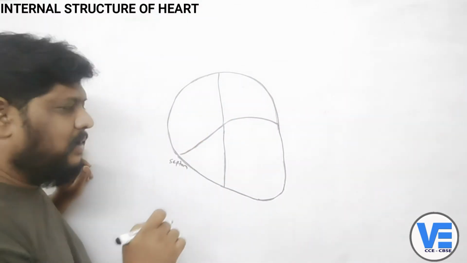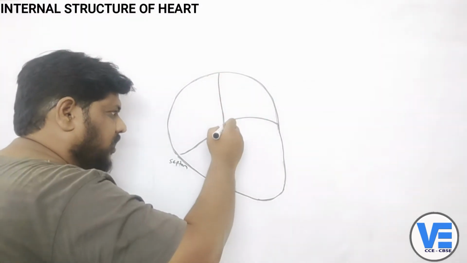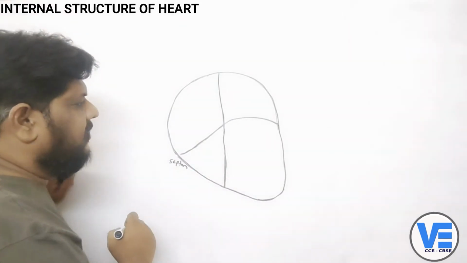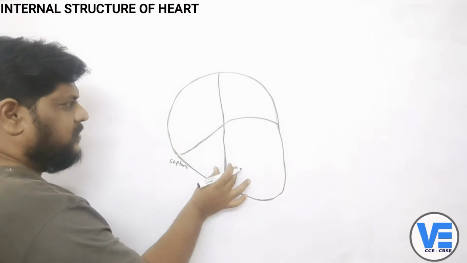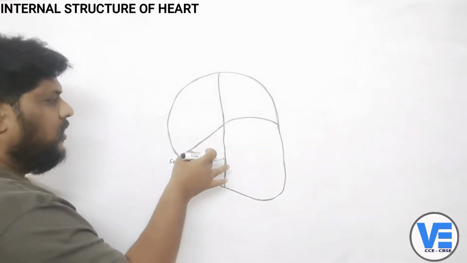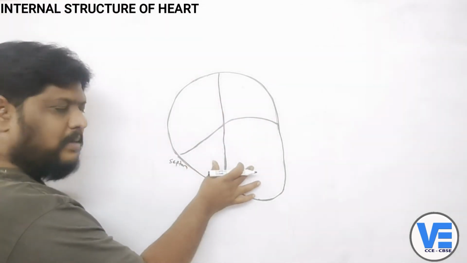At the same time, there is one more septum, which is a line like this, in length, and this is also a septum, which is dividing because of these two lines, which we can see externally. The heart is divided into four chambers, right?